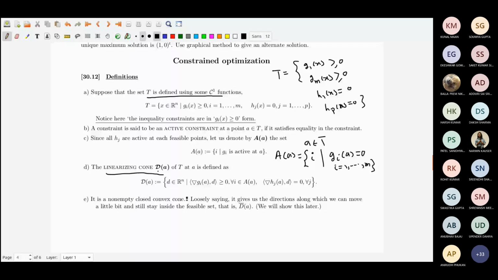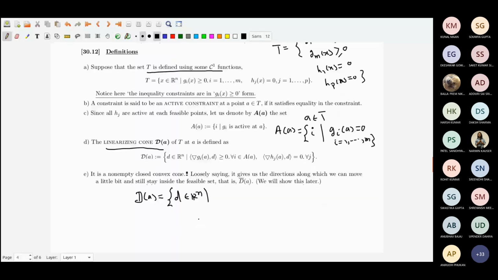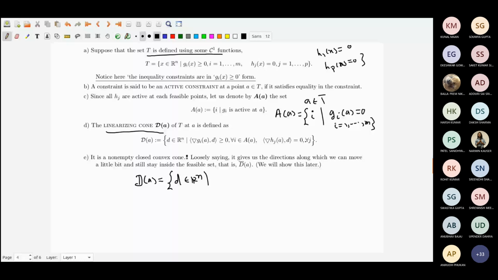Now this is the set of all directions d in Rn, d always will be in Rn anyway, such that grad Gi(A), so you will have to check grad Gi(A) inner product d has to be greater than equal to 0, and this is for all active constraints.